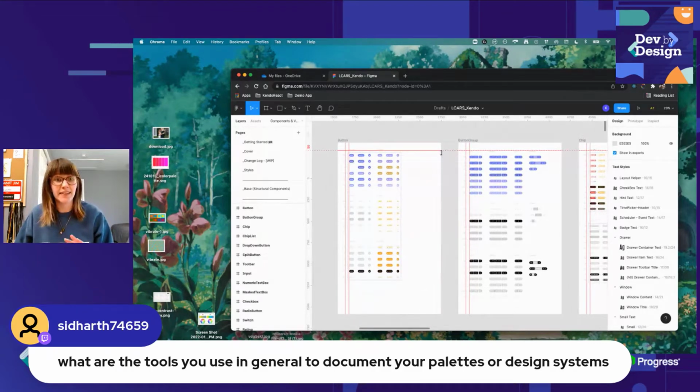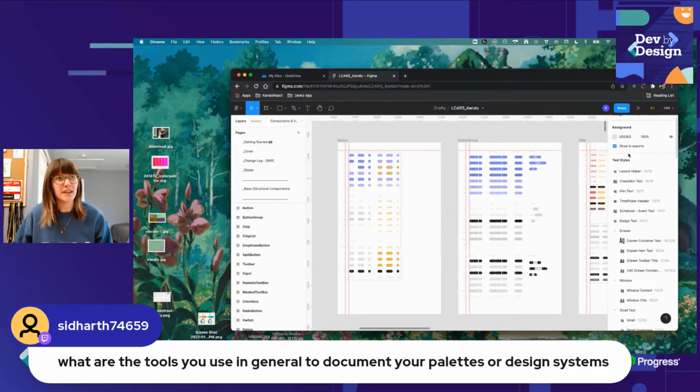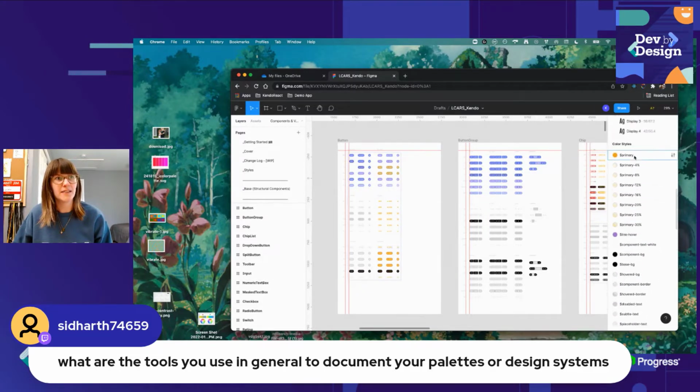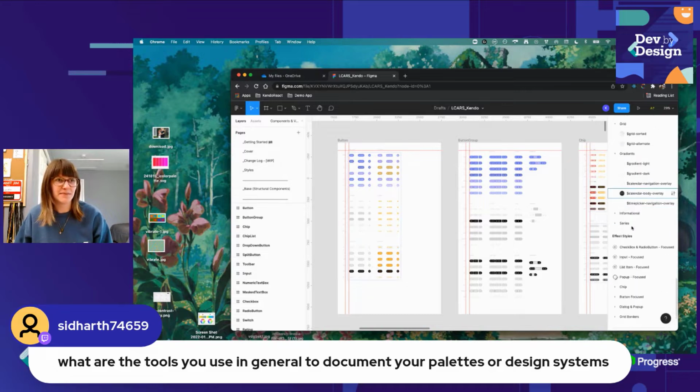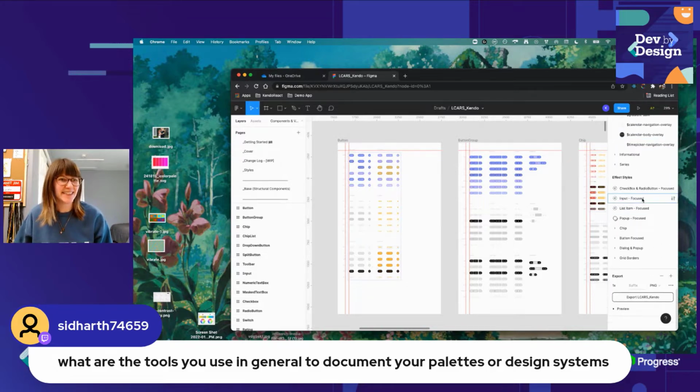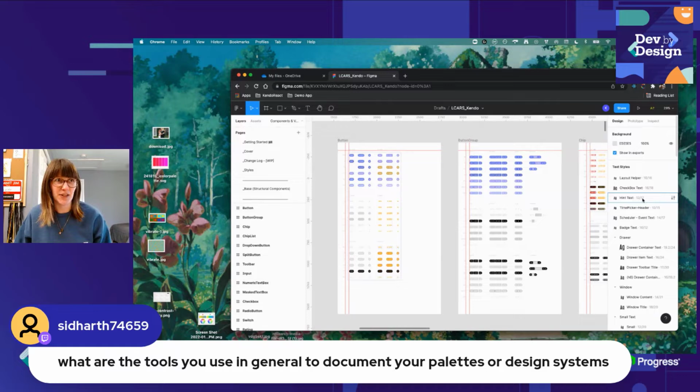I really like these when it comes to documenting the palettes and styles that I'm using in combination with Kendo. You can see over on the side, it's got all of my text stuff captured. It's got all of my color styles, all the effects, all of that is saved into the design tokens of my Figma kit here, which makes it really, really easy to work with.